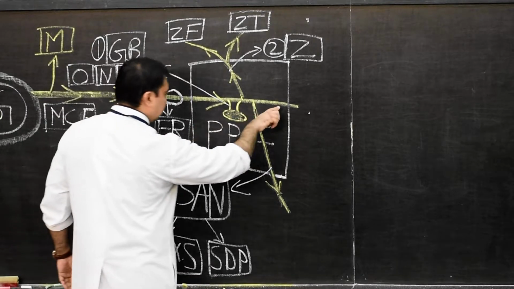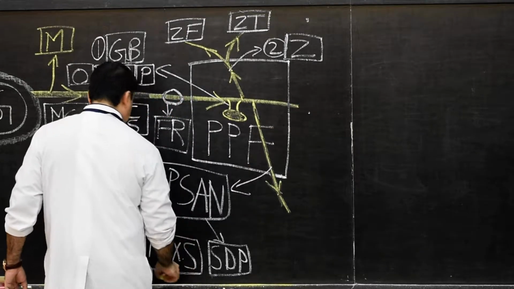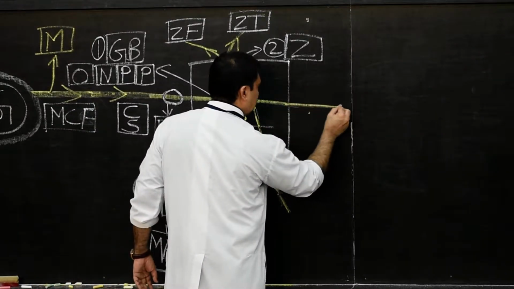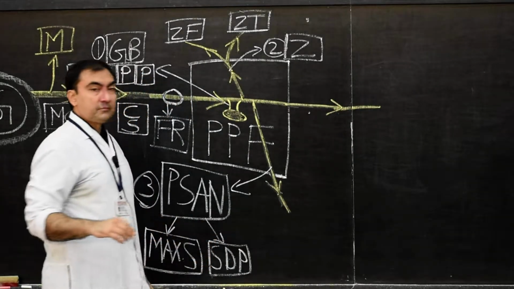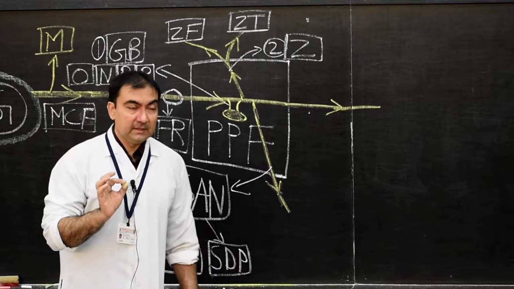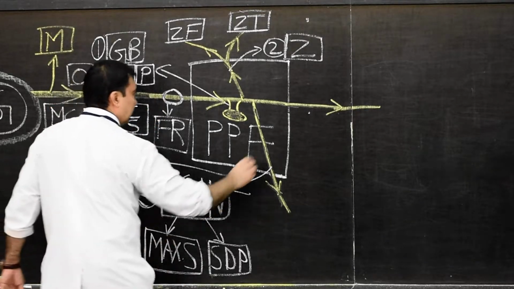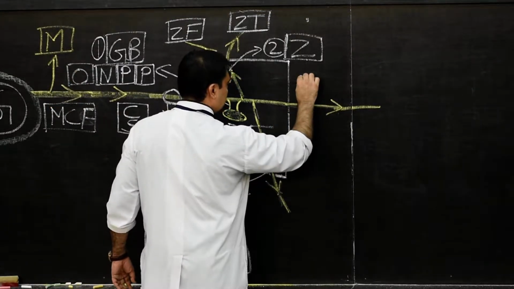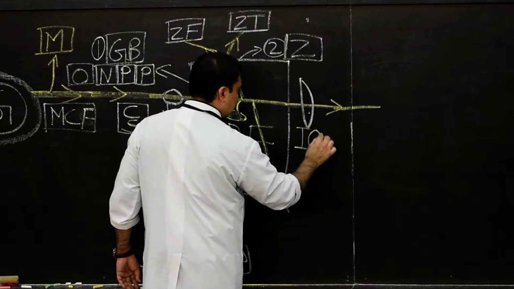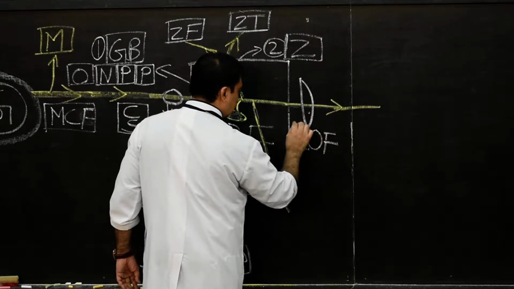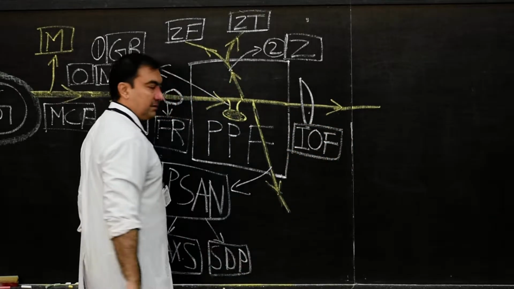Now the maxillary nerve will pass once again through the inferior orbital fissure. Let me draw one fissure here, and this will be the inferior orbital fissure.